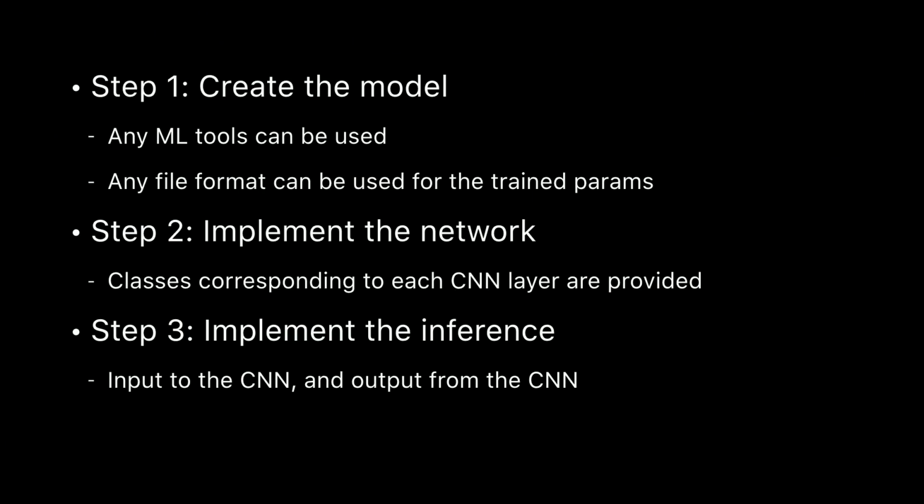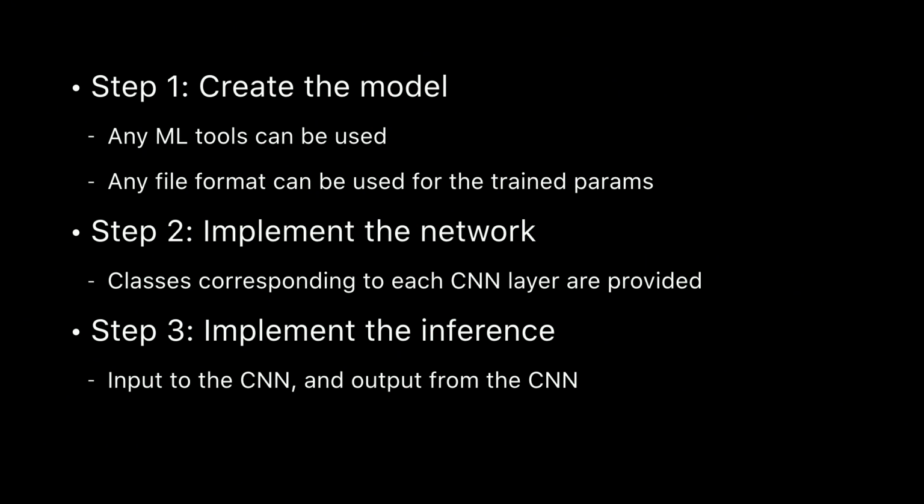To recap, there are the 3 steps for the implementation. Step 1 is creating the model. Any machine learning tools can be used, and any file format can be used for the trained parameters. Step 2 is implementing the network.